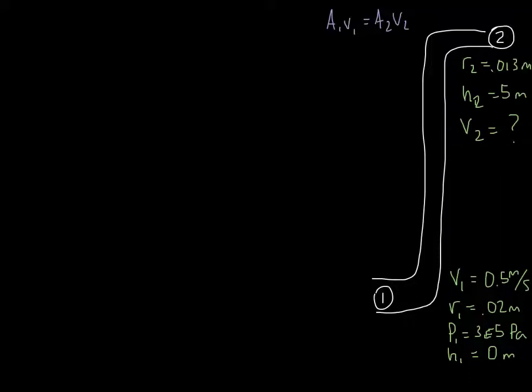So for part A, A1V1 equals A2V2. If you plug in the formulas for the cross-sectional area, since it's a circular pipe, we can write pi R1 squared V1 equals pi R2 squared V2.